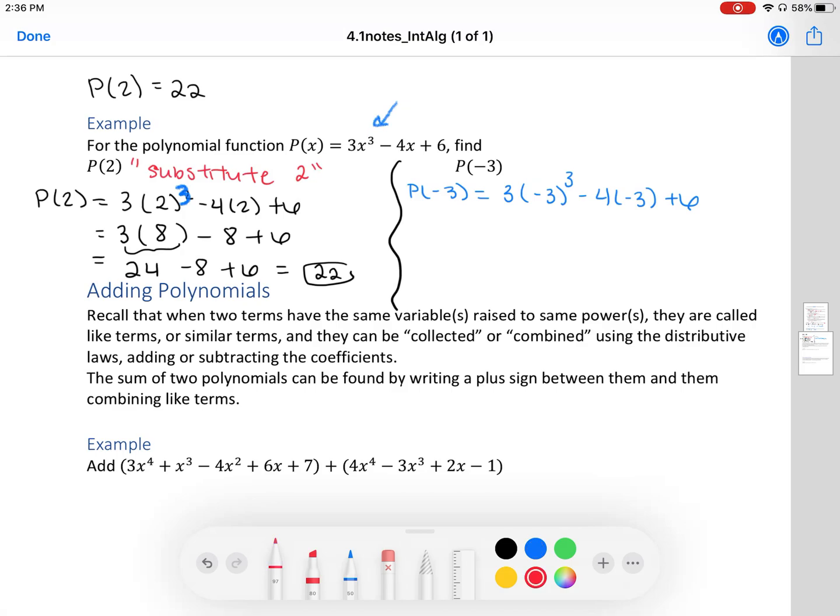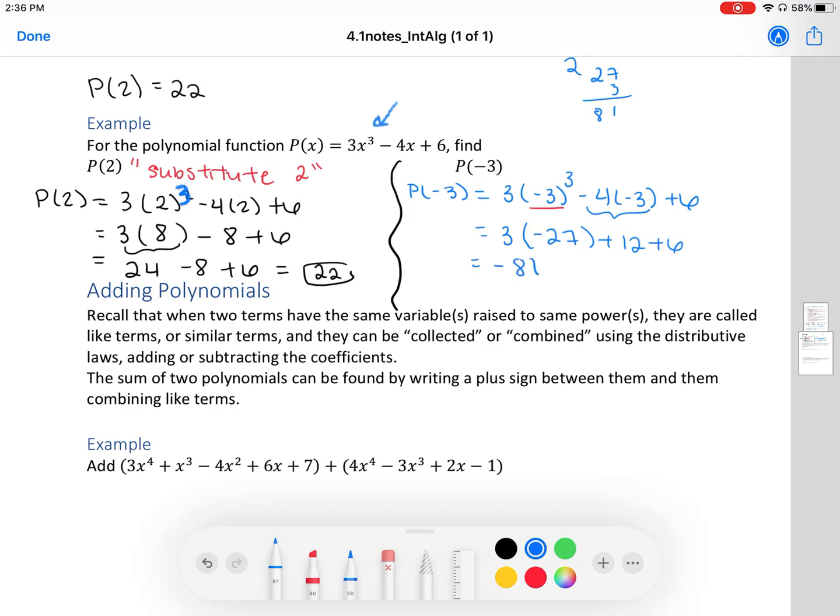So I first have to deal with that exponent. So I have 3 times negative 3 times negative 3 times negative 3, we get negative 27. Negative 4 times negative 3, we get positive 12 plus 6. 27 times 3, we get 81.